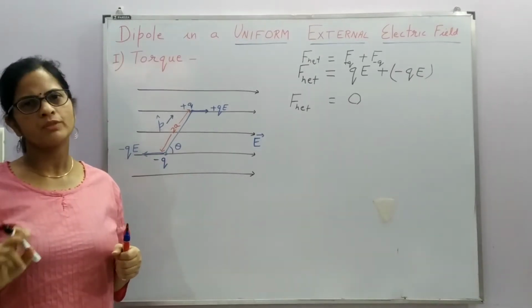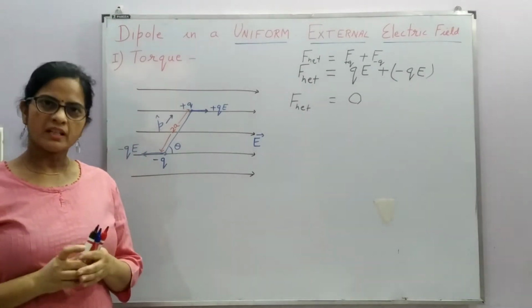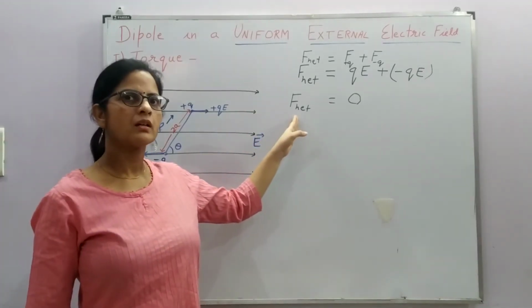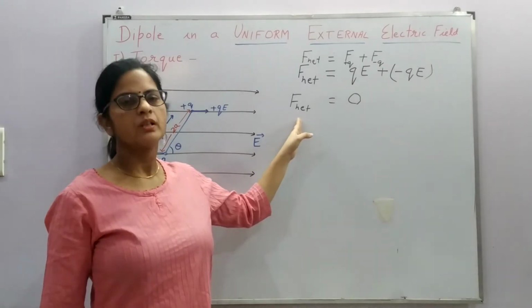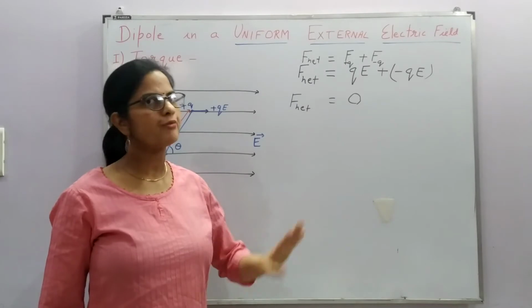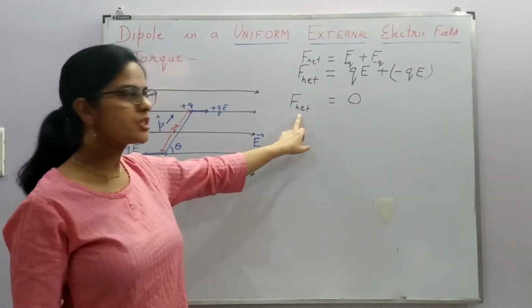Remember Newton's first law of motion? By Newton's first law of motion, if the net force acting on an object is 0, then the body continues to remain in its state of rest or of uniform motion. So net force is 0.